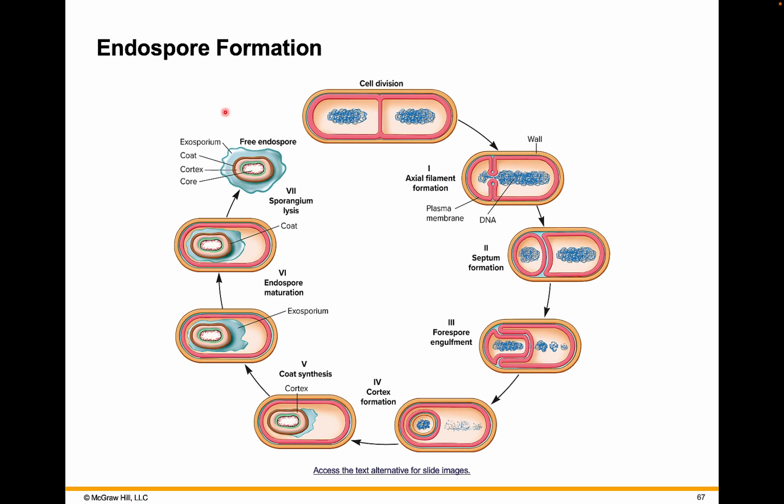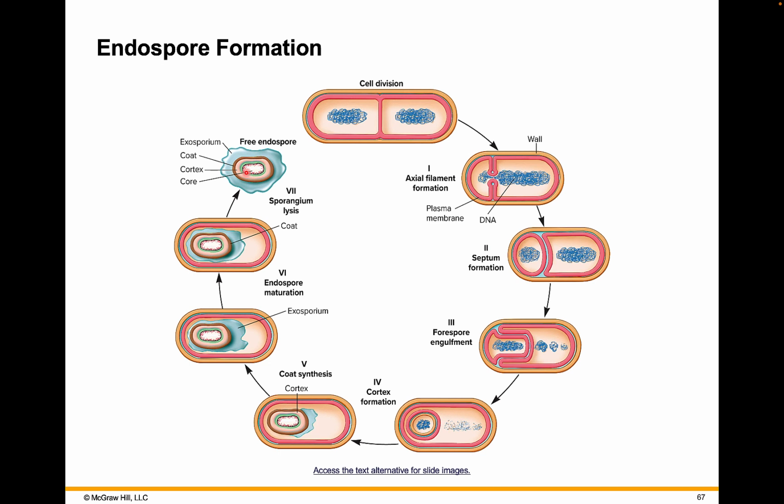When favorable conditions return, the endospore gradually absorbs water, and some of the enzymes are activated, which start the vegetative process of the cell. All the enzymes start working again, and the spore germinates, forming again the natural healthy vegetative cell, which will function in a normal environment.